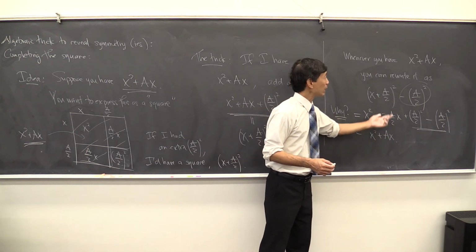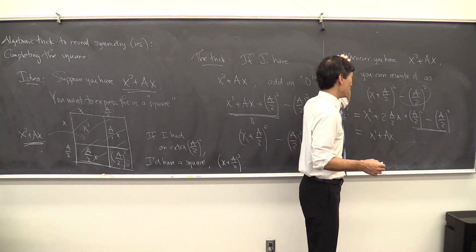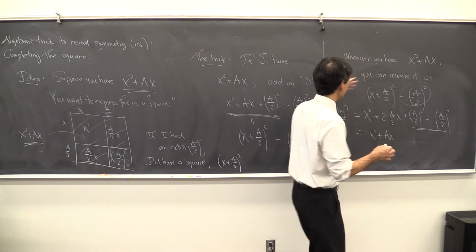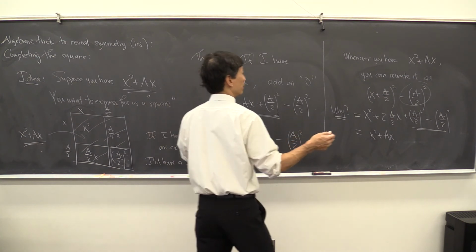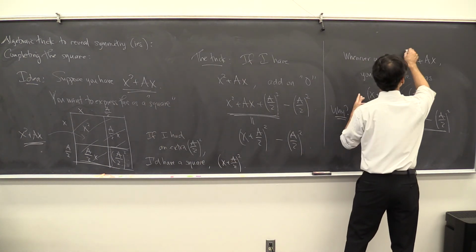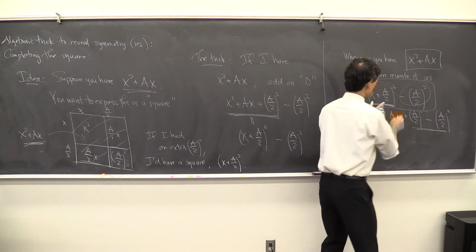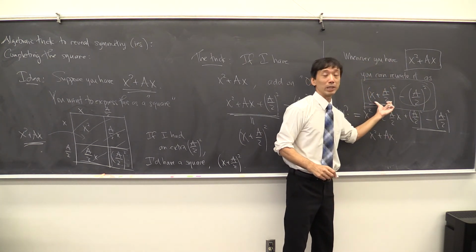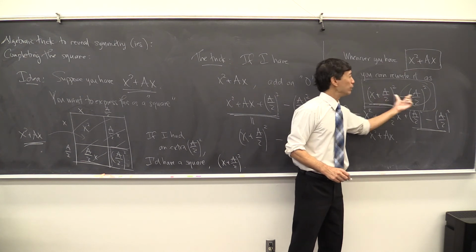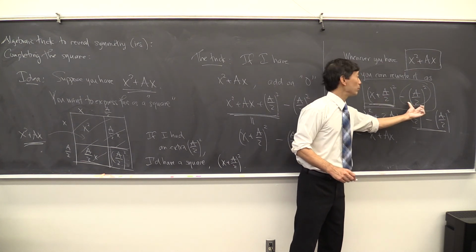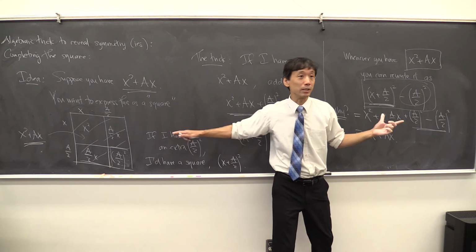But in any case, the trick is that whenever you see something like this, you can slide in this sort of term, which is a completed square. You do need to throw in something else because when you completed that square, you added something.